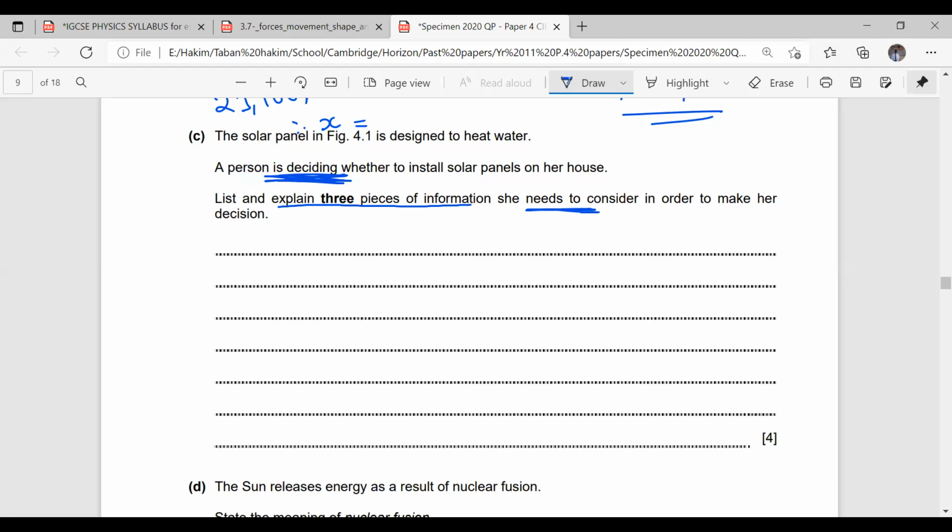The first one is about prices, you've talked about it. The person needs to consider the prices of installation. If it is expensive, then she leaves it out. If it is cheap, then she can do that. If she considers the mathematics and finds out that this is cheap, that is also okay. So that is one thing that she must consider. Any other?